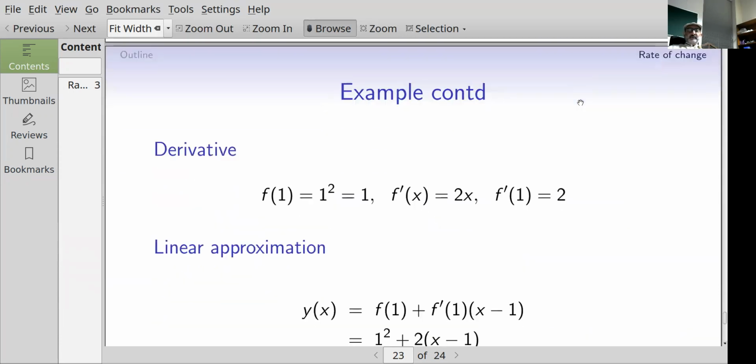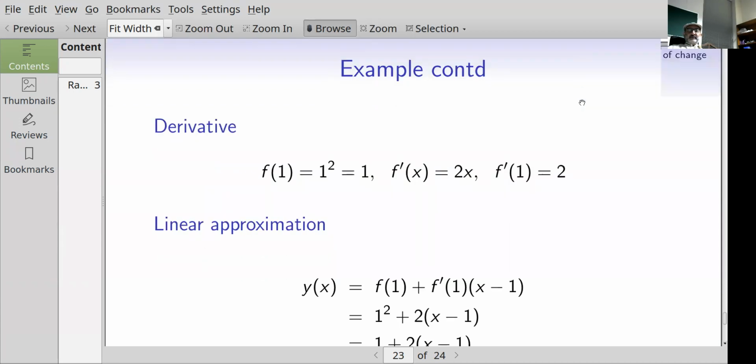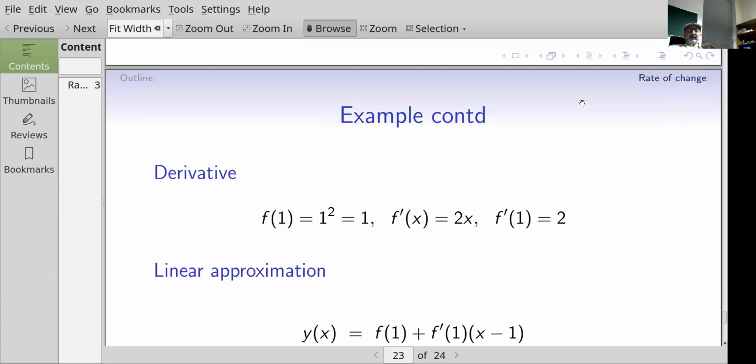Okay, well, f of 1 equals 1 squared is equal to 1. F prime of x is equal to 2x. F prime of 1 is equal to 2. So we want the monomial, which takes the value 1 when x equals 1, and it has a gradient or a slope of 2.